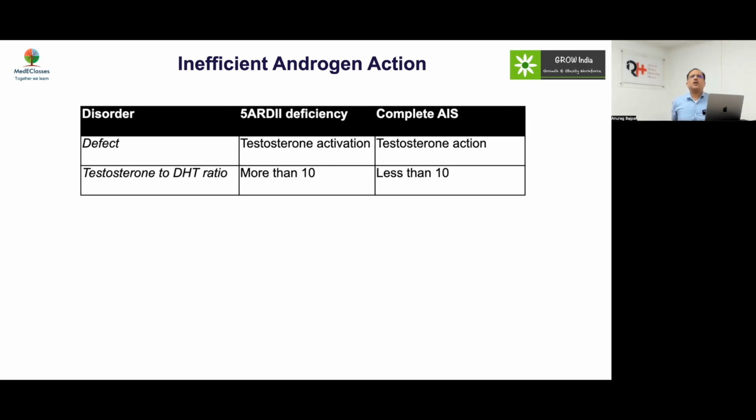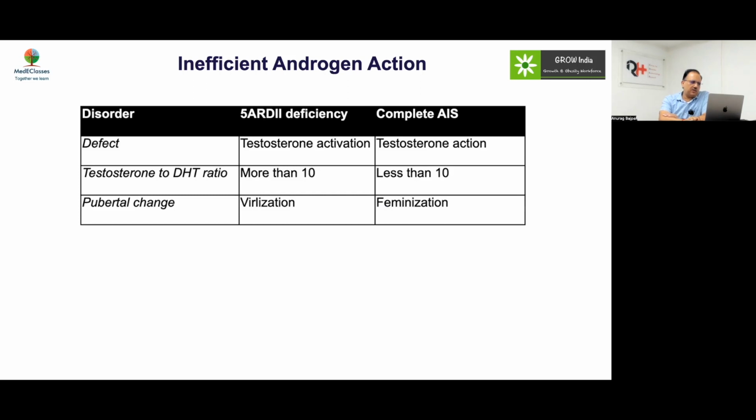However, biochemical criteria to differentiate all forms of 46,XY DSD, not just these two, are not very perfect, and often you will have discrepancies between biochemical, clinical and genetic diagnosis, which makes it difficult to differentiate, and therefore genetic diagnosis is recommended in most cases.